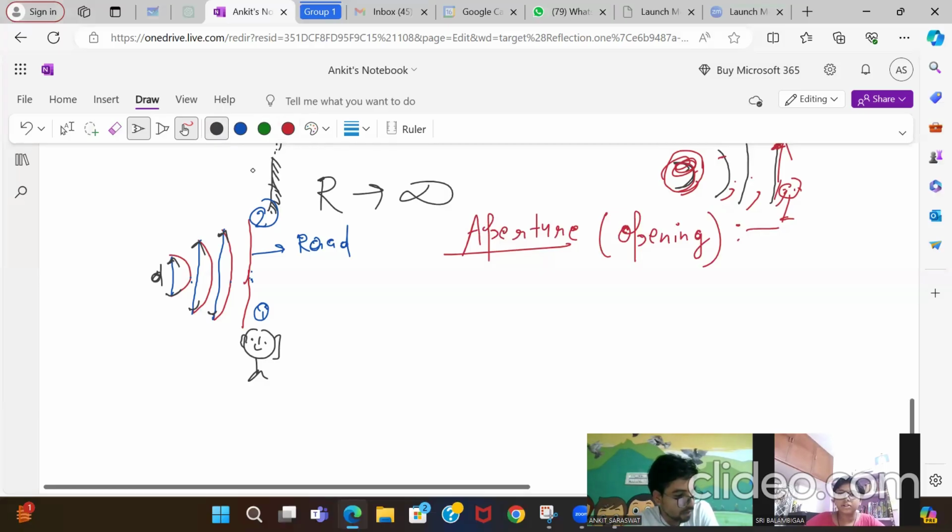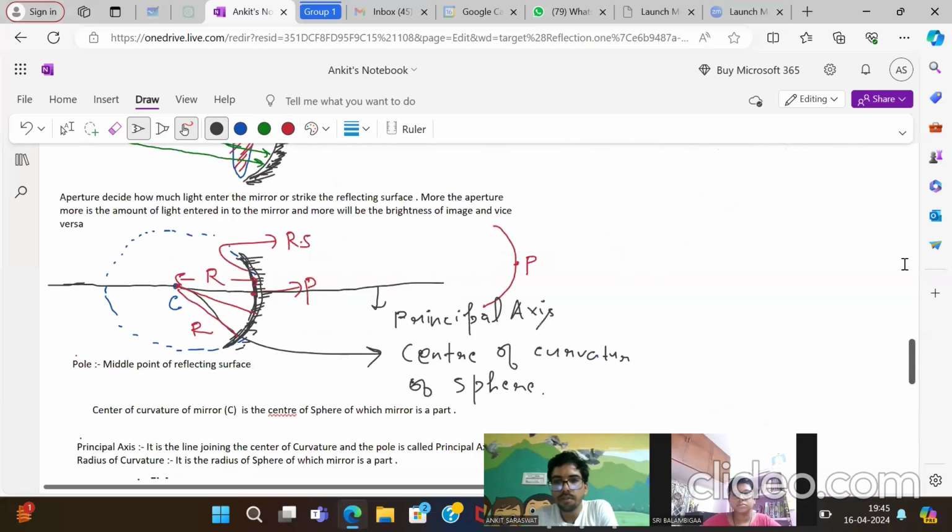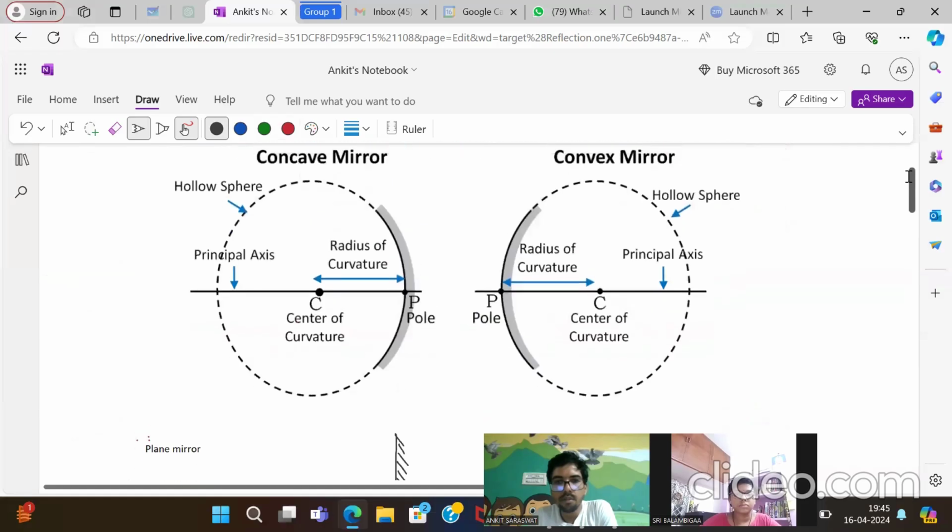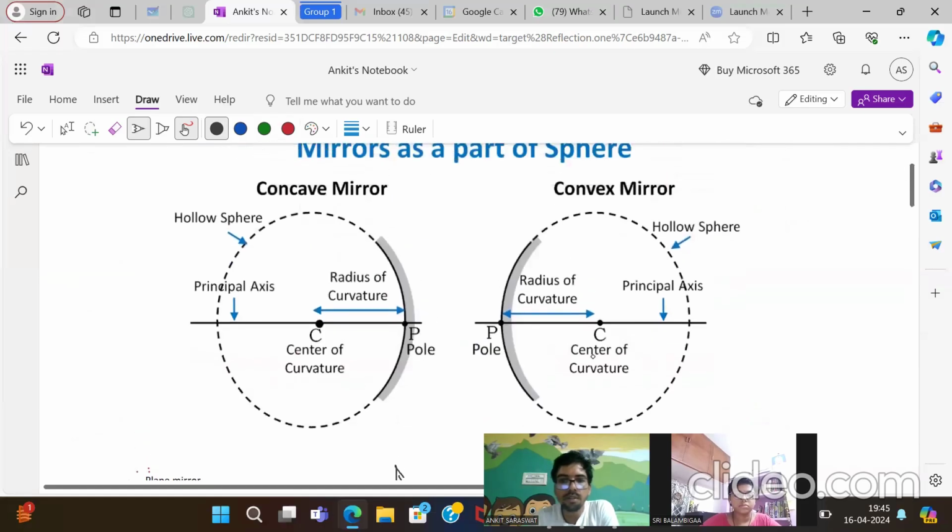No doubt, sir. So today these things are very important. This is the terminology of mirror. Now I will show all the things here. See, did you notice this? Everything is clear here. Did you see the pic carefully? Yes, sir. Clear?